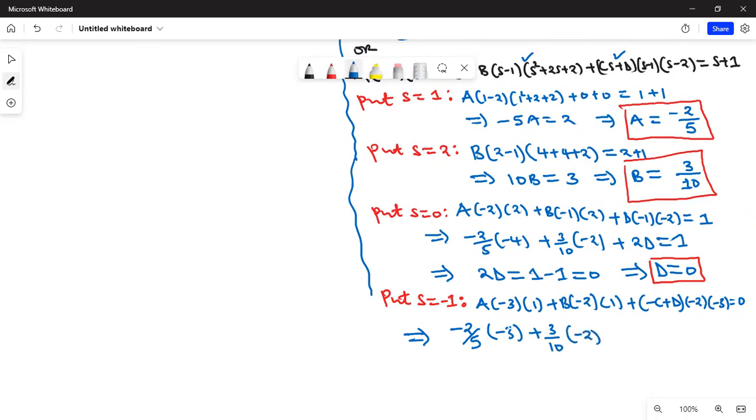Our d is 0, so what we have here is 6 times negative c, so negative 6c. Remember, d is 0, so this should give us 0. Make c the subject. So I can say negative 6c is equal to, or simply you could take c to the right so that we have positive 6c.